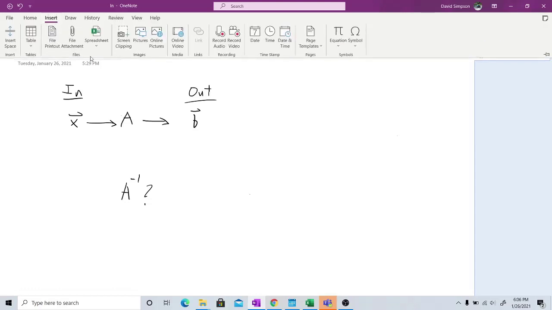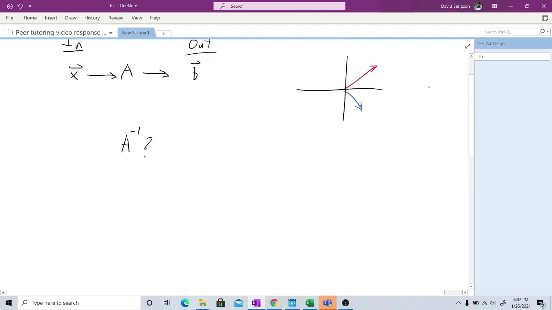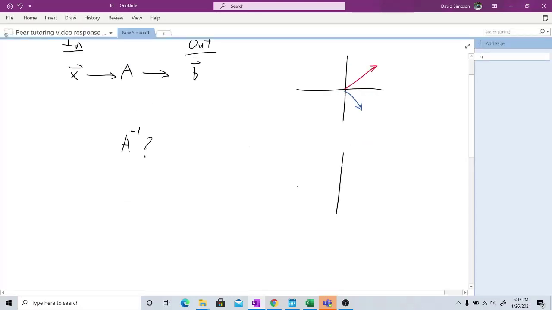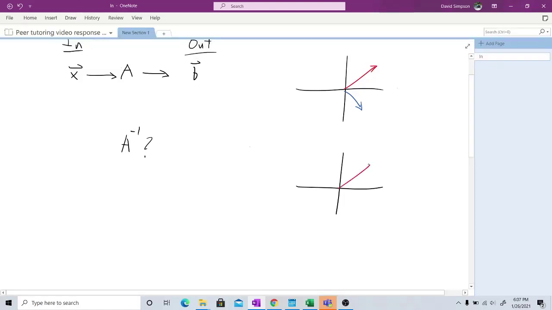So here's a graph, okay? Let me just draw this out. And here's the red, and that is the input. And blue is the output. So red and blue are vectors. So here's A inverse, and I'm going to draw the same red and blue.